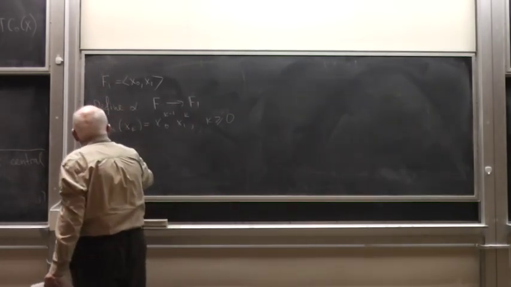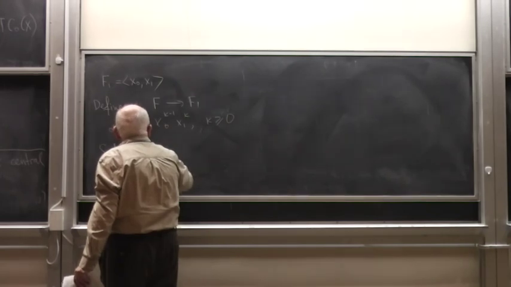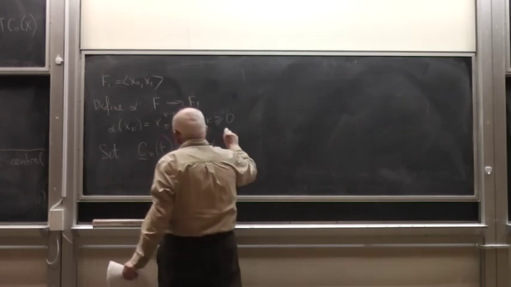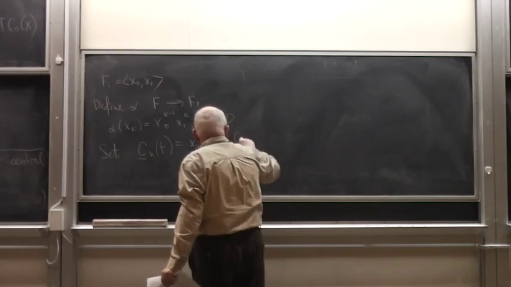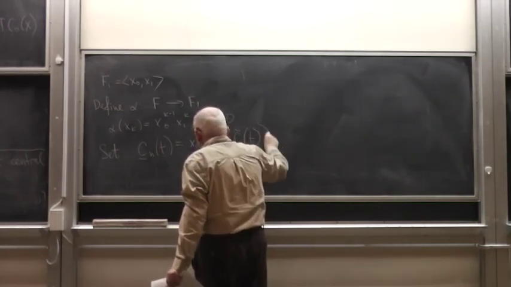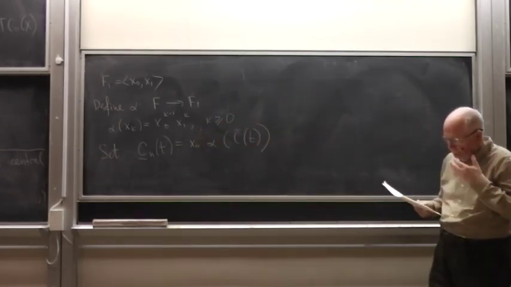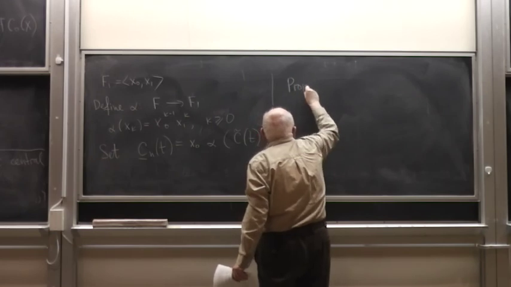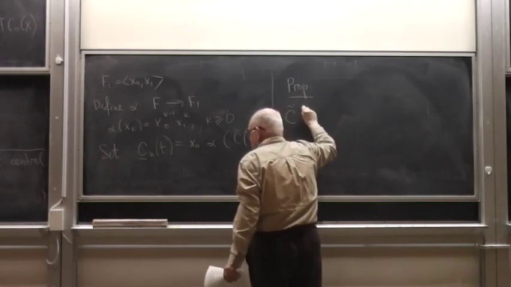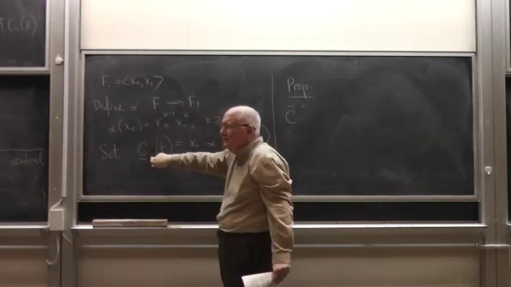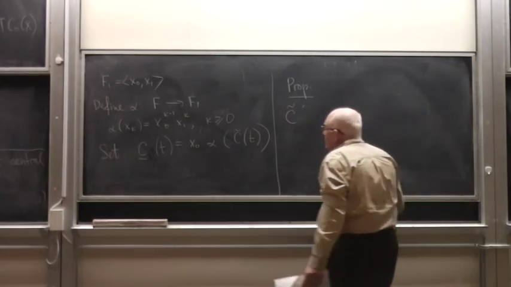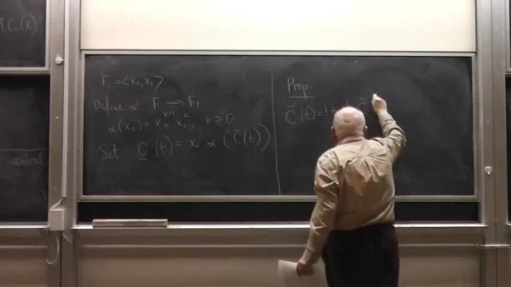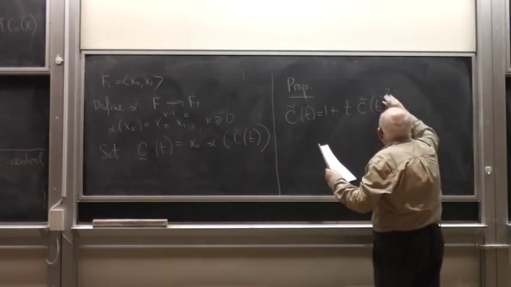And let me set C of t to be x naught times alpha applied to C of t. Then I have this proposition that C of t is equal to 1 plus t C of t, x naught.